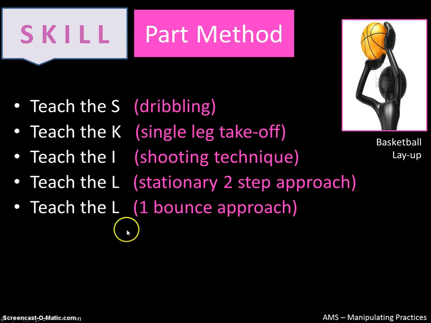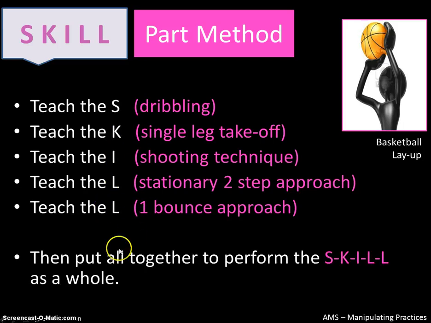At no point here have we put it all together. We've learnt parts of a skill separately. And then at the end of that all, having taught them all the bits that make up this skill, all the subroutines, we might put the whole thing together to perform the skill as a whole. So the part method: teach each individual subroutine separately and then eventually apply them all together.